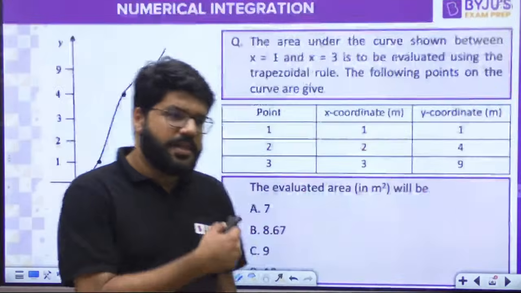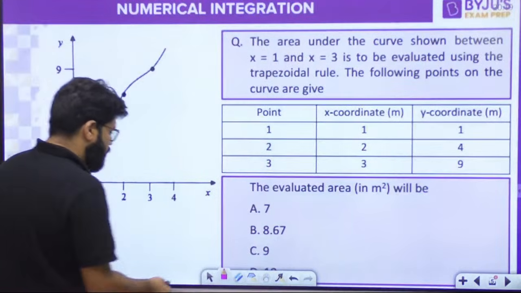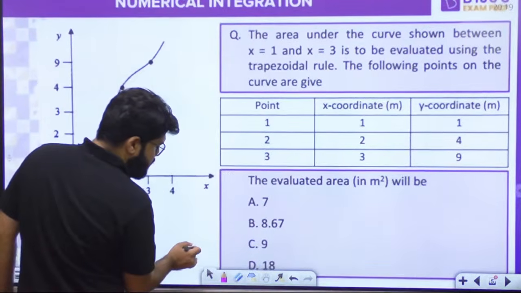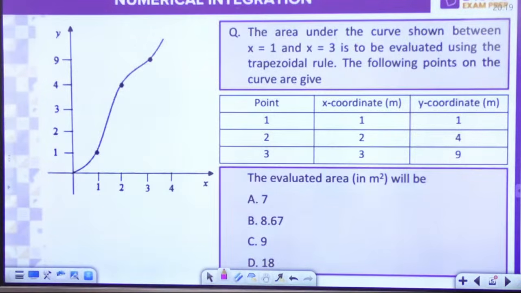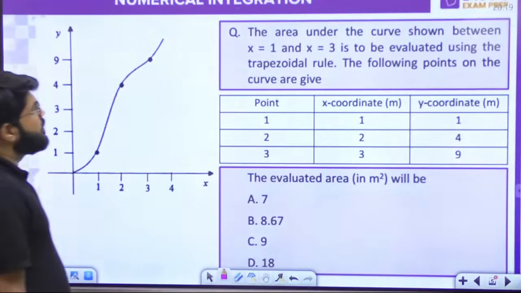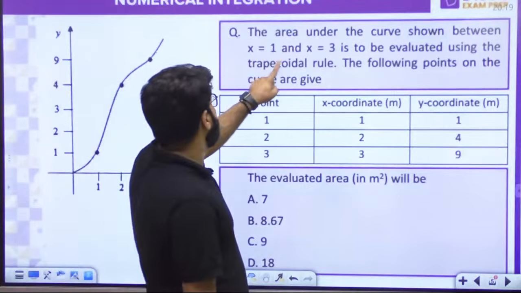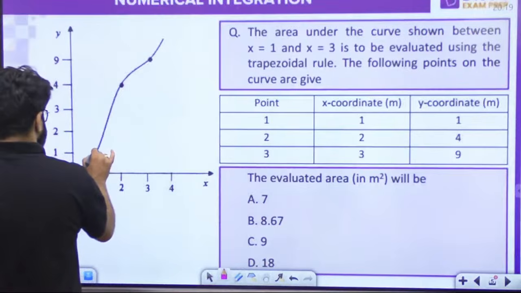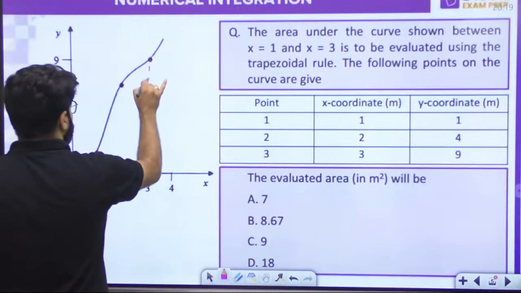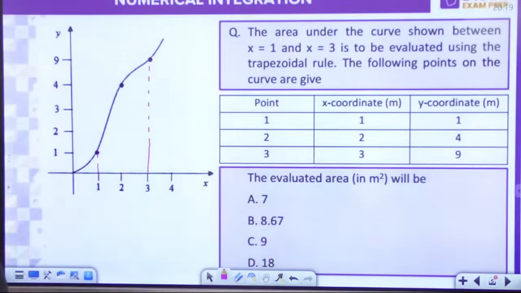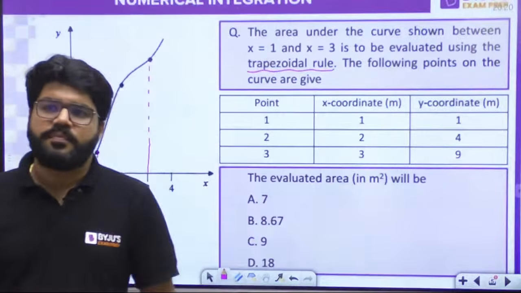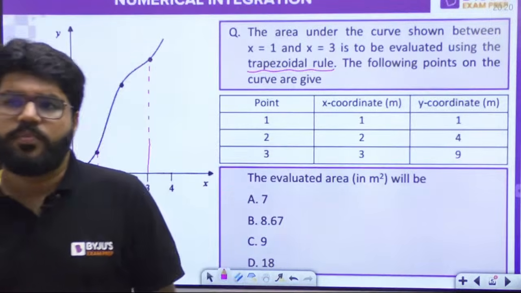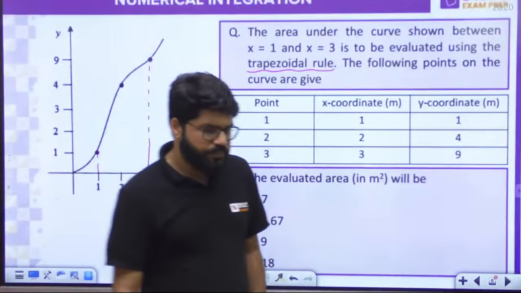Yes guys, so question number 1 for today. Here it is. Let me bring up all the options on your screen. The area under the curve shown between x equal to 1 to x equal to 3, so we are interested here in x equal to 1 to x equal to 3, is to be evaluated using the trapezoidal rule.